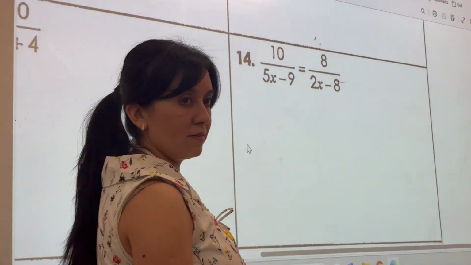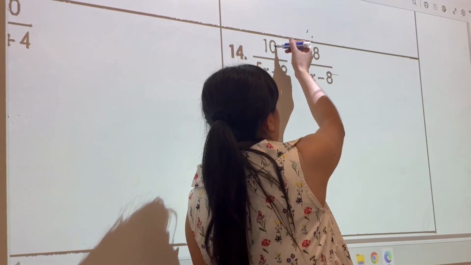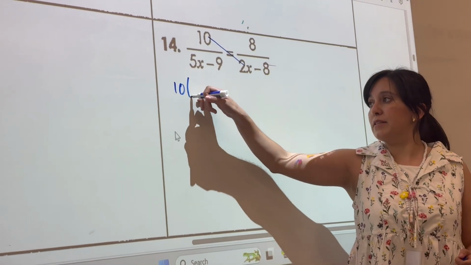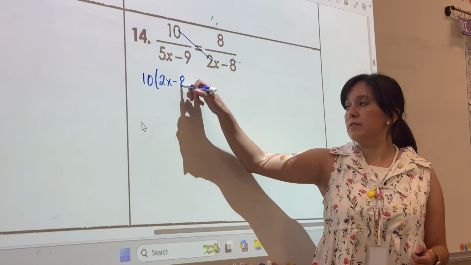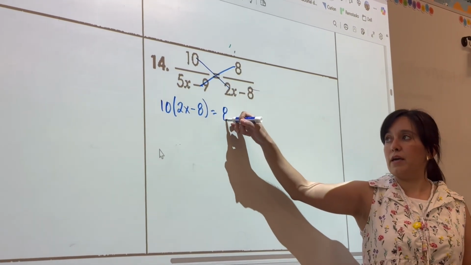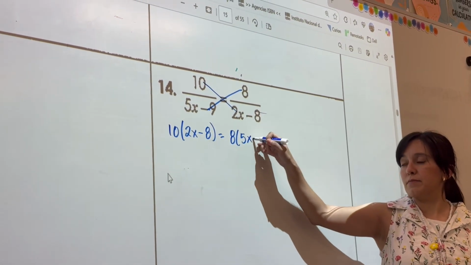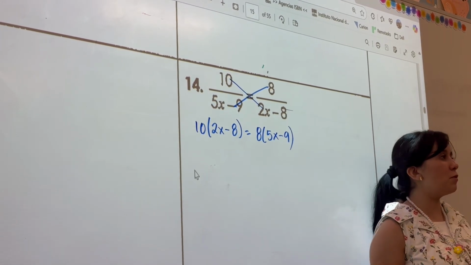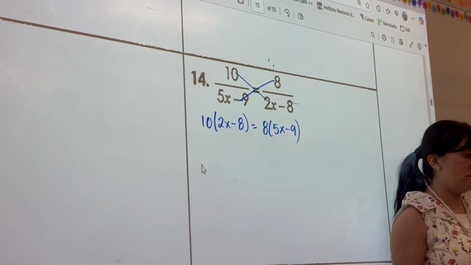Cross multiply. Okay, so this times this, and it's going to be 10 parentheses 2x minus 8 equals this times this, that is going to be 8 parentheses 5x minus 9, right? And we do what we already know how to do, right?